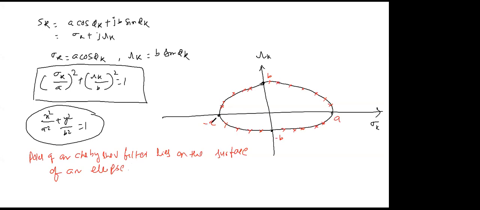Okay. Surface of an ellipse. In case of the Butterworth filter, it lies on the surface of a circle. Yes or not?